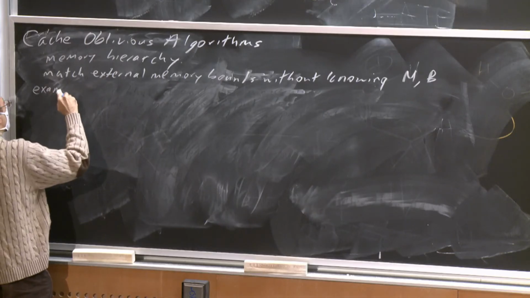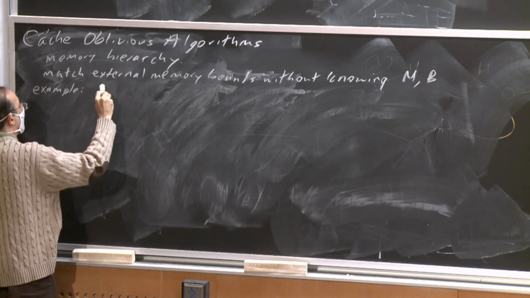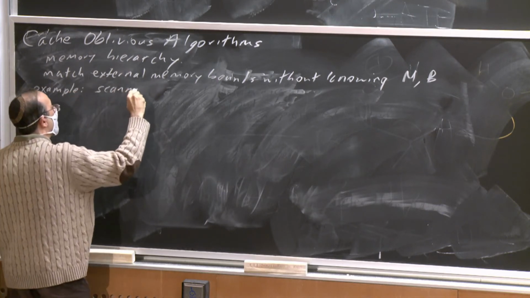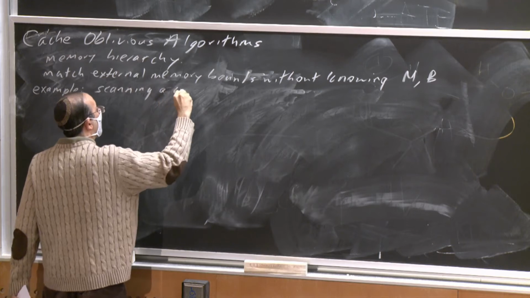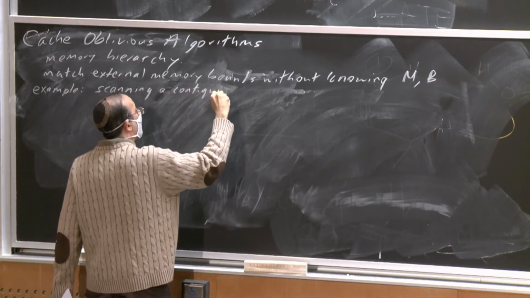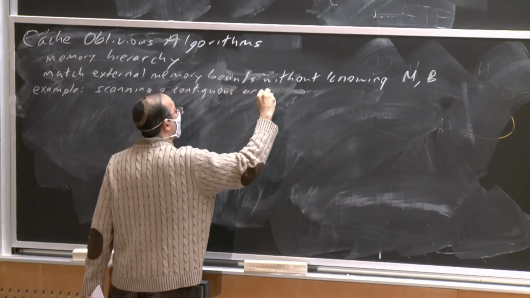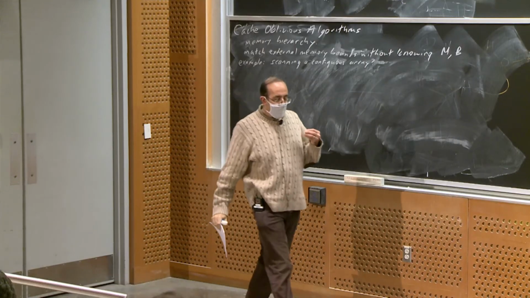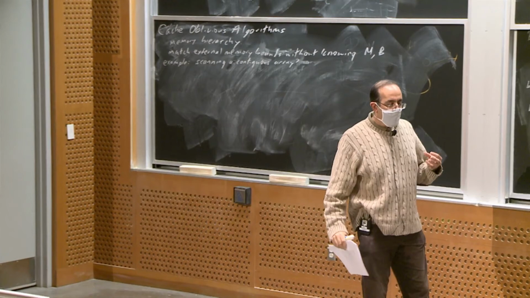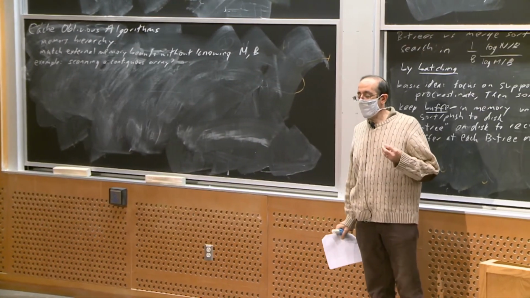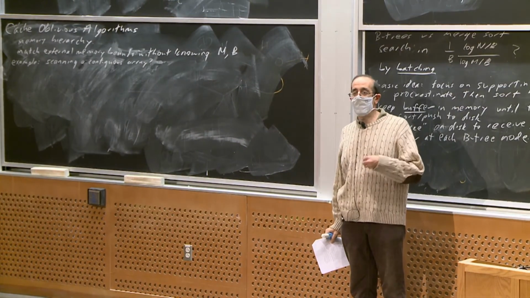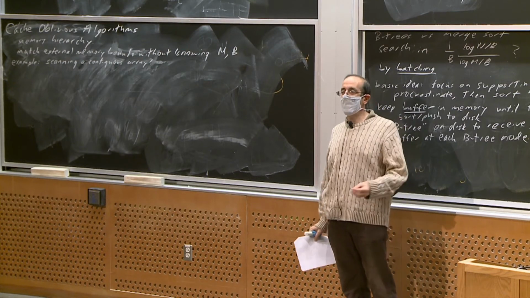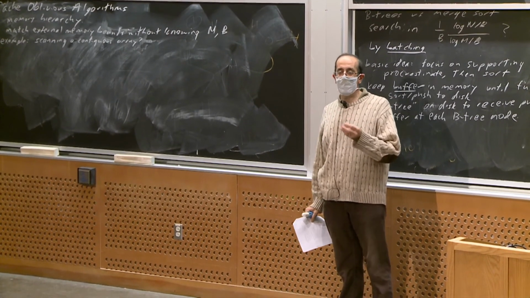Just to show you a very simple example of this: how long does it take you to scan a contiguous array? Well, if you are using the right kind of virtual memory, then when you want to scan an array, you just go through the array entries one at a time.